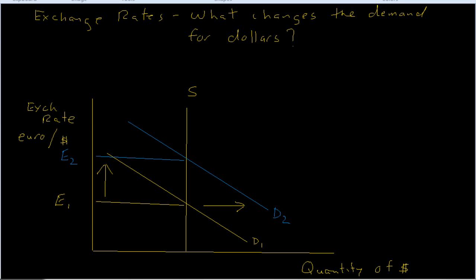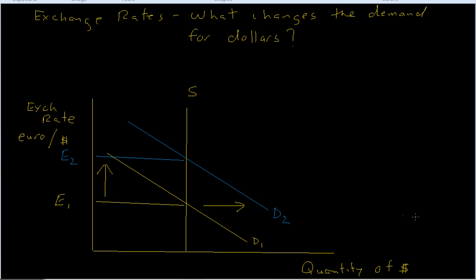So to get an understanding of exchange rates, you can essentially look at a market for exchange rates, for demand for dollars or demand for euros. In this case, I happen to have a little graph here of supply and demand for the dollar market. Down here on the x-axis, I have the quantity of dollars.